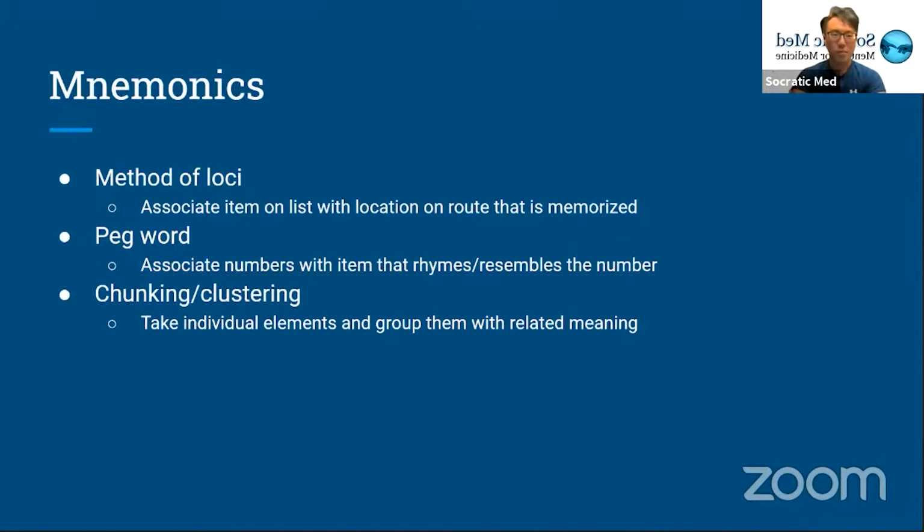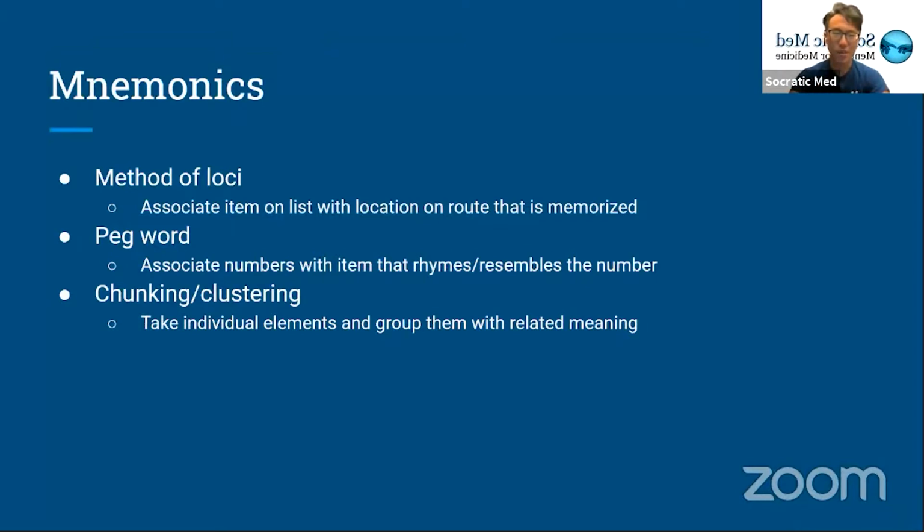Another one is peg word. That's when you associate numbers with an item that rhymes with and resembles the number. So one, you could remember like one gun, two blue, something that rhymes with the number on a list. This one I also don't think is very effective, but maybe it works.